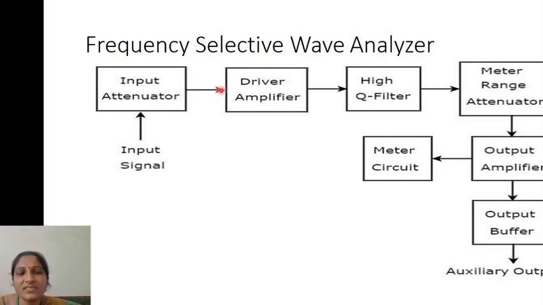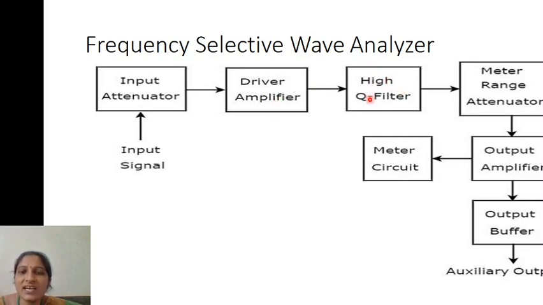The low frequency waves are given to the driver amplifier. The amplifier will amplify the signal. Suppose you get a weak signal here, and you want to strengthen that signal, then this driver amplifier will strengthen it.